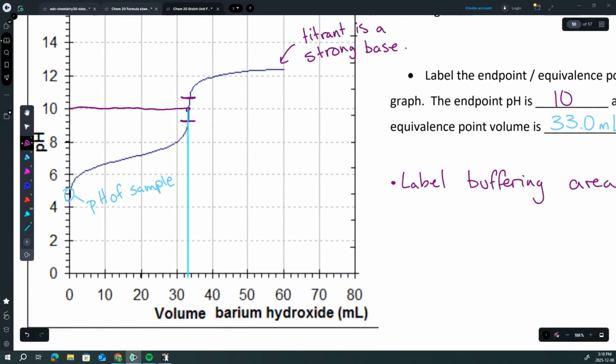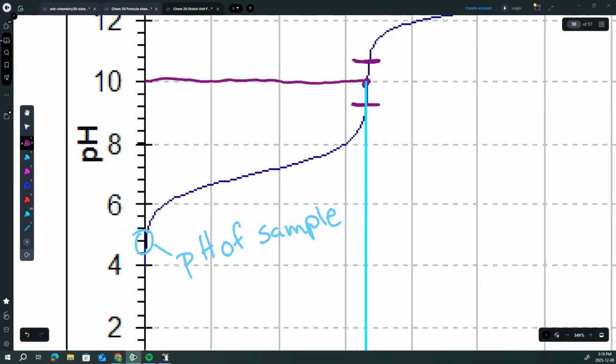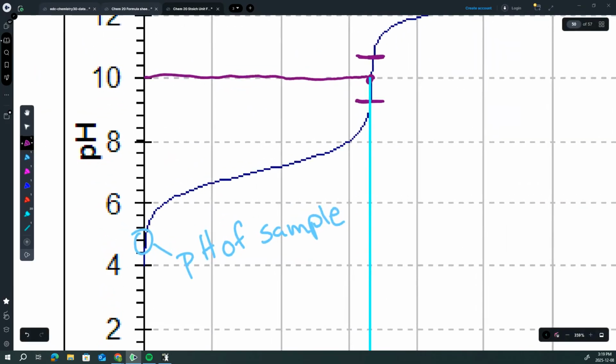The buffering area is just when the pH isn't changing a whole lot in the titration curve. It's just because buffers typically resist changes to pH.